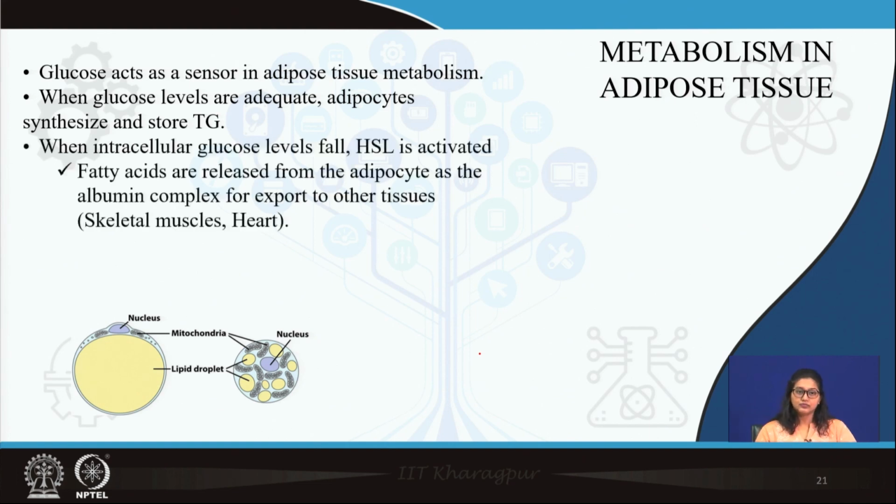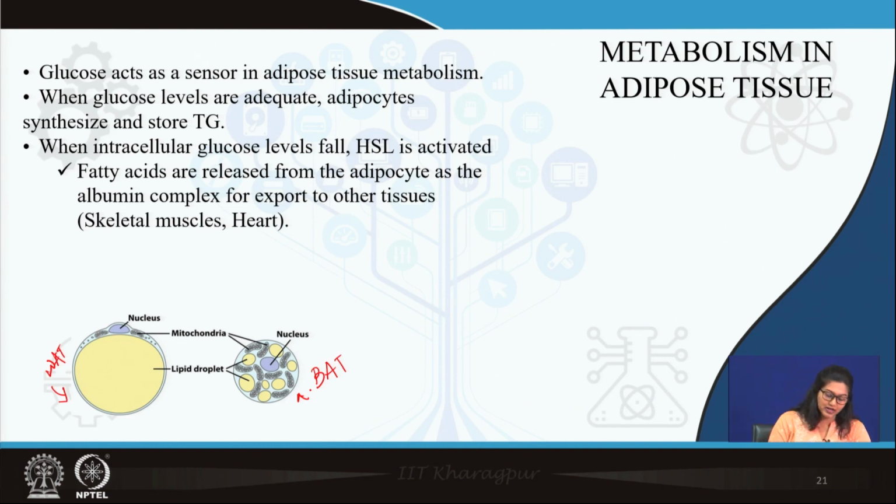Now there are two types of adipose tissue present in our body. One is white adipose tissue, these are our white adipose tissue cells, and another is brown adipose tissue. Now in adults, the majority of adipose tissue, around 99%, is of white adipose tissue type.